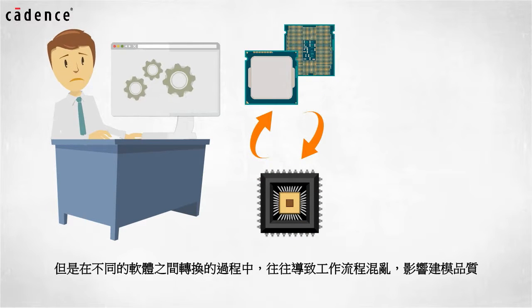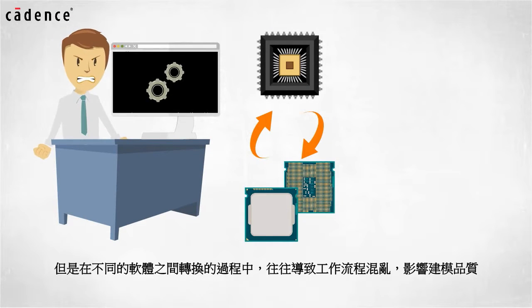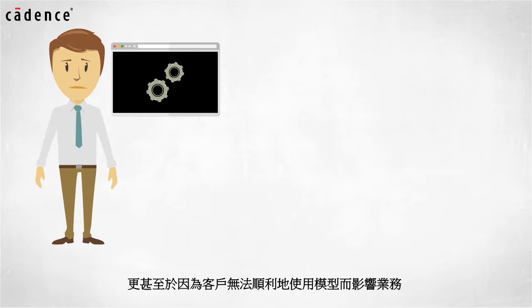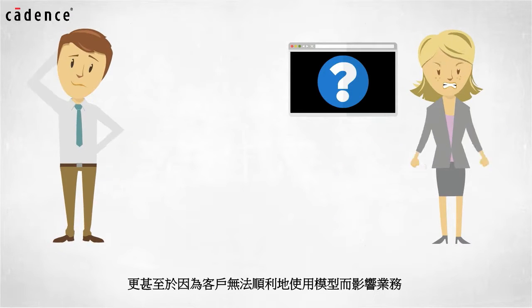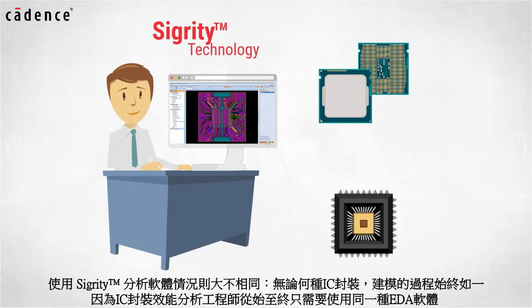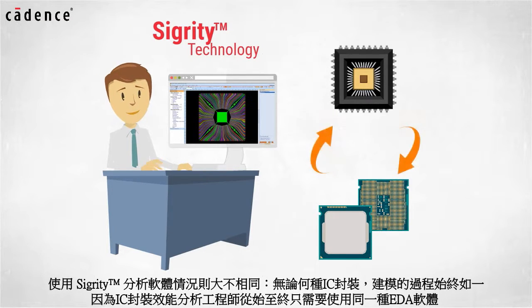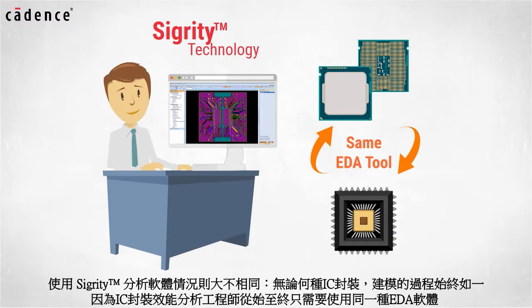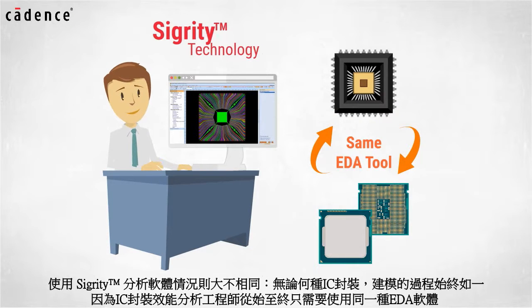Switching back and forth between tools causes confusion, bad models, and possibly loss of business when customers receive models they cannot use. With Sigrity, modeling of IC packages remains consistent because characterization engineers remain in the same EDA tool regardless of package type.